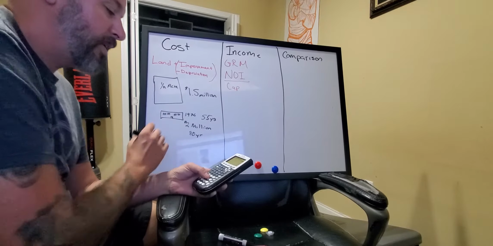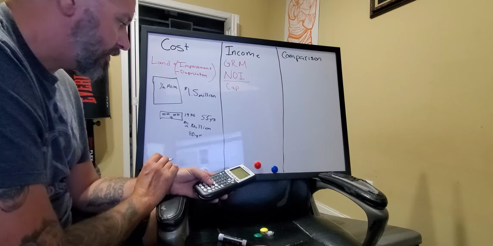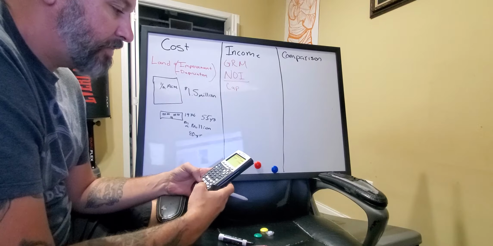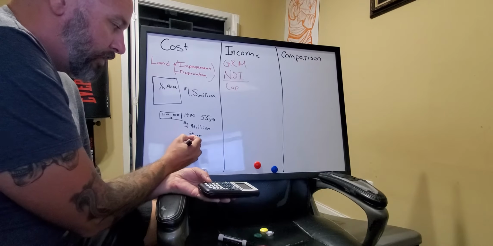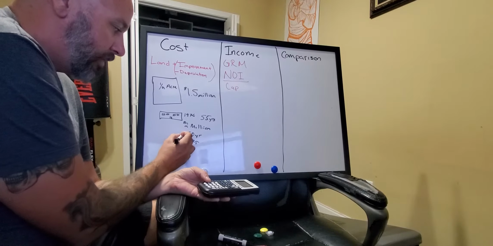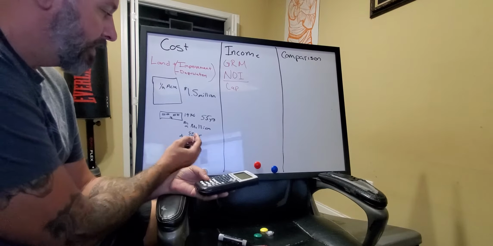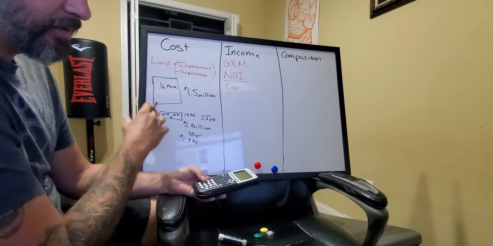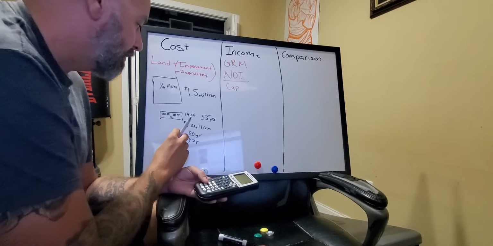So it depreciates $25,000 every year. So you take that 25,000 and you multiply it by 55, and that gives you 1.375 million.